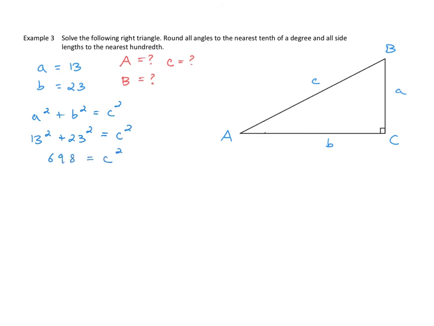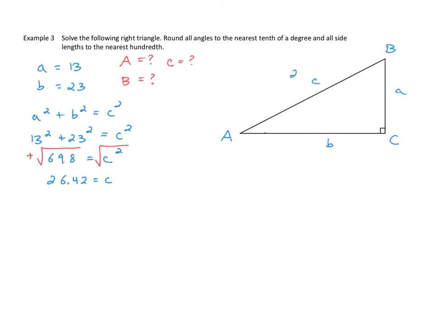And if you want to solve for the value of c, we will take the positive square root of both sides. Technically there's a negative, but negative lengths don't make sense. So we get, okay, if I round to 2 decimal places, we get that c is about 26.42.